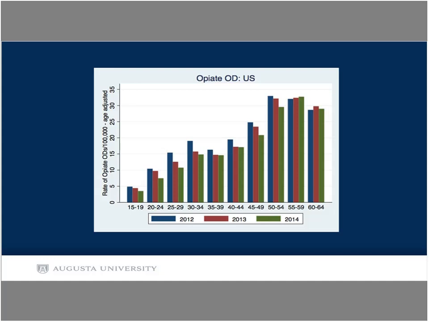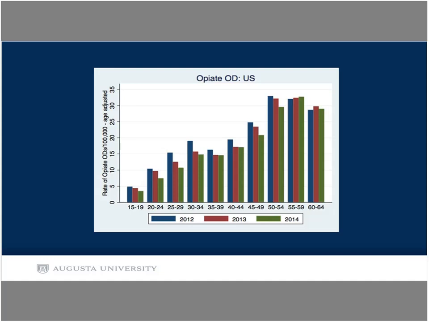But if you look at these next two slides, what you'll see is that the demographics are a little different. So this is the prescription opiate overdose deaths in the U.S. by age, and what you'll see is that the highest number of prescription opiate overdose deaths over that 3-year span was in the 50 to 65-year age range.